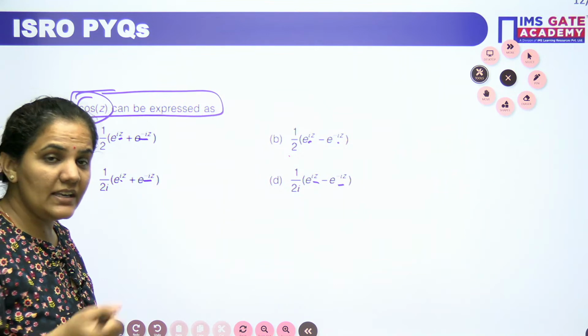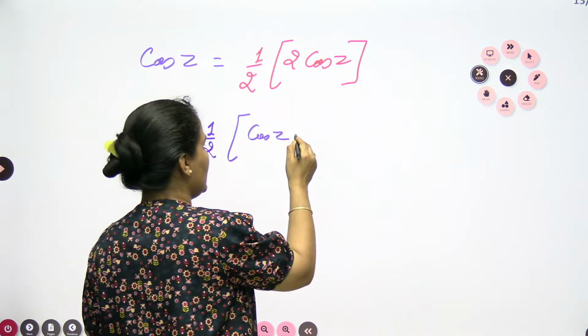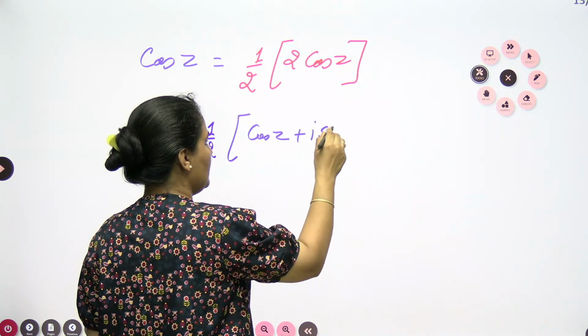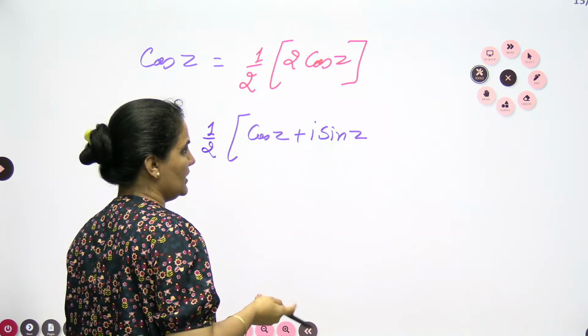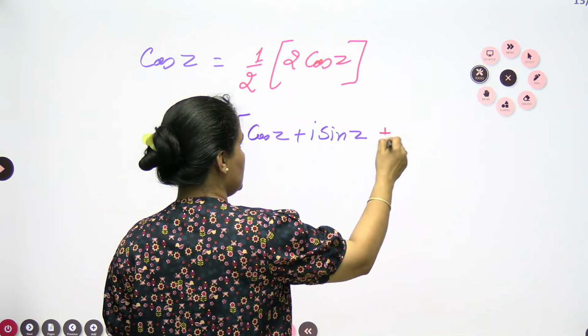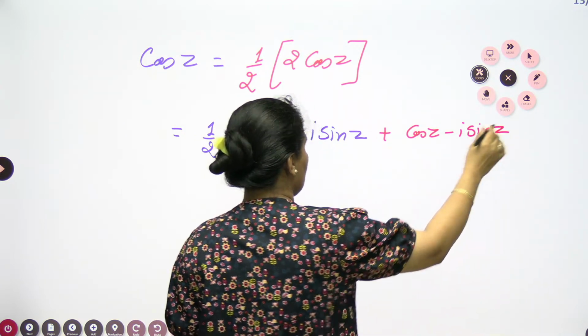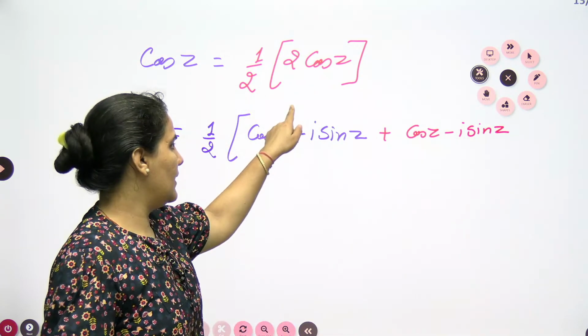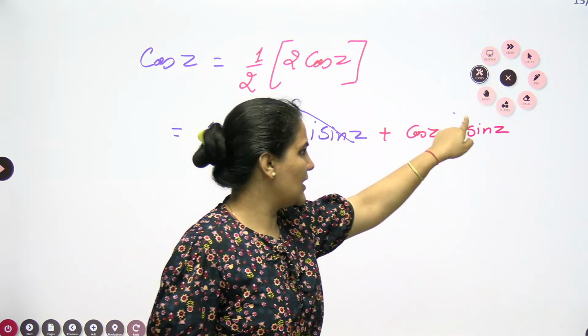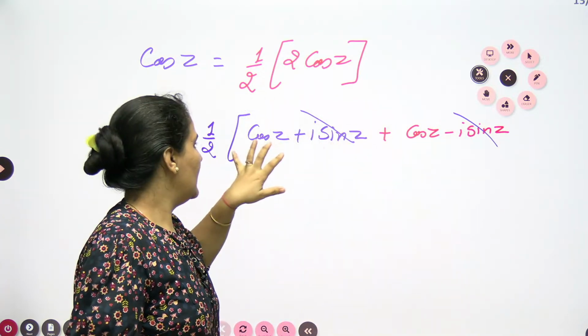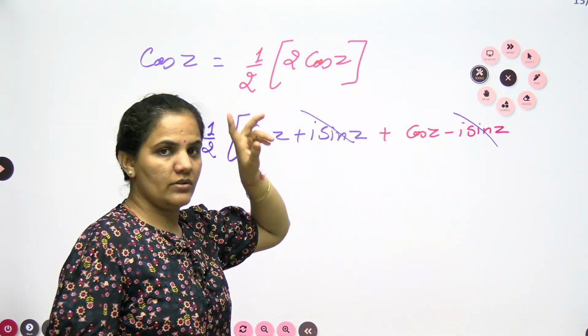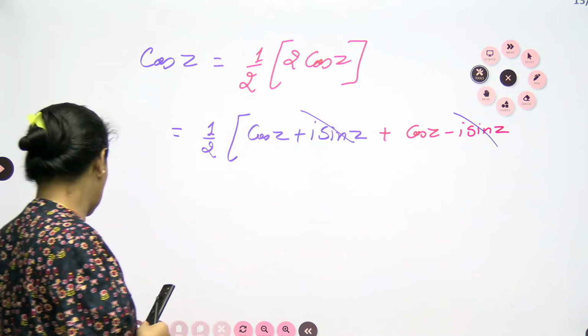So I need to add here the terms of iota. So the cos z I can write as cos z plus iota sin z, plus cos z minus iota sin z. When I open, I can see iota sin z and minus iota sin z will cancel out. Ultimately, I will have cos z plus cos z, 2 cos z.